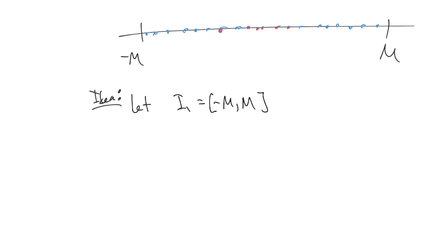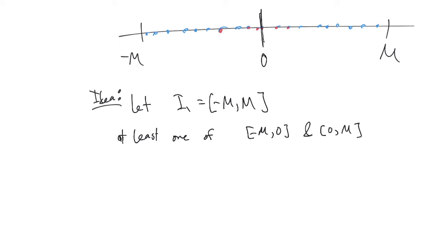Now, since there are infinitely many terms in this sequence, I'm going to consider what happens if I cut it in half. Say divide the interval in half at 0. That's where the middle will be. I'm going to say at least one of these two halves, minus m to 0 and 0 to m, includes infinitely many points of the sequence.